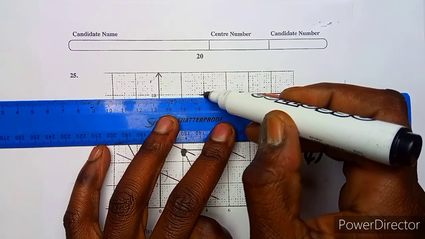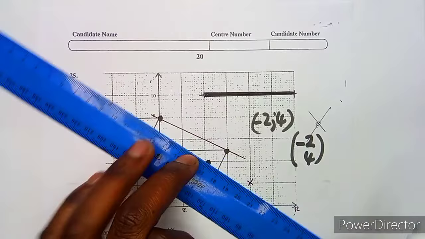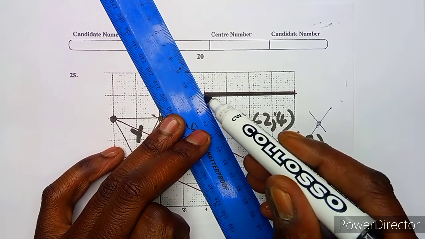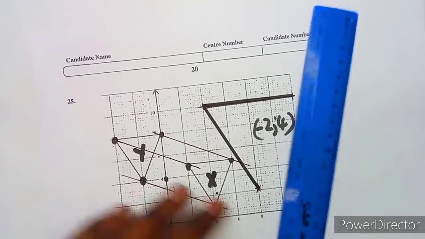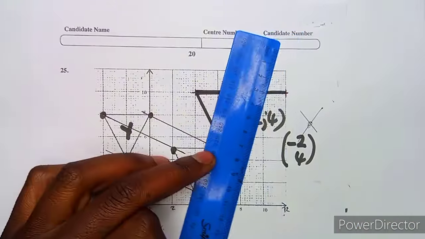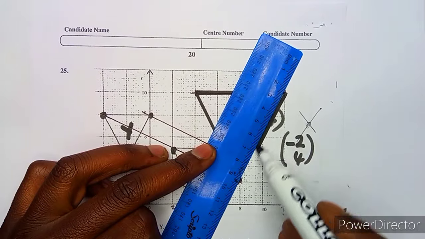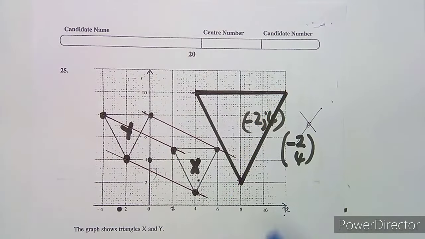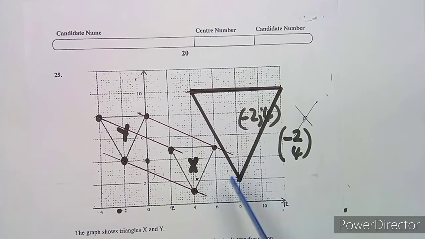There you are going to obtain an image smaller than the object, even though it's enlargement, because of the fractional scale factor. But in this one, because our scale factor is a whole number, the image is going to be bigger, as we expect. So as you can see, guys, this shows that enlargement occurred here.